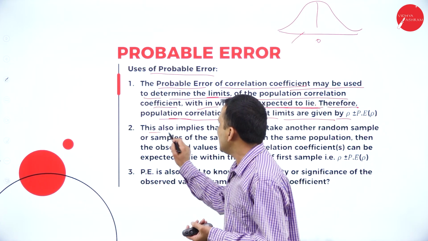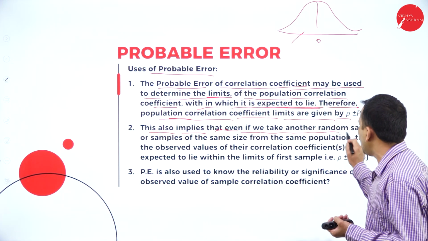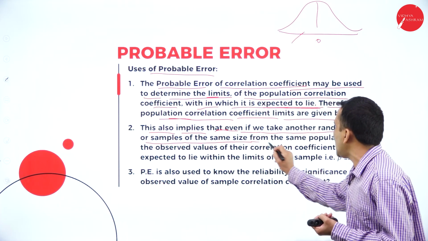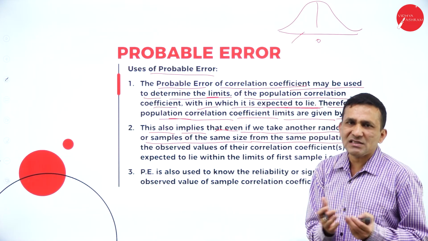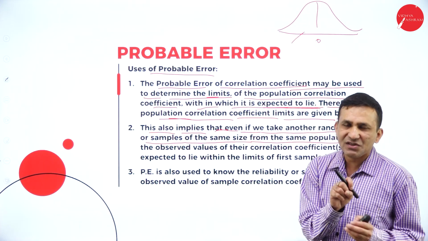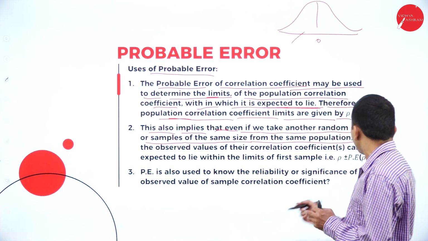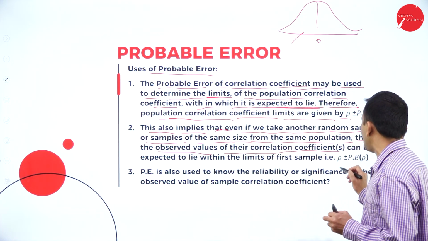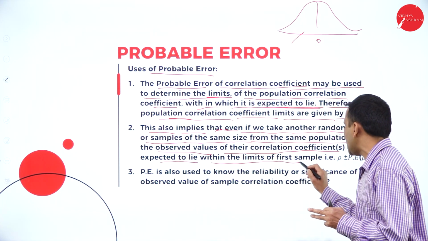The second usage also implies that even if we take another random sample of the same size from the same population, because we are selecting not one particular sample but a first random sample and a second random sample, to check the errors, the observed value of the correlation coefficient can be expected to lie within the limit of the first sample.